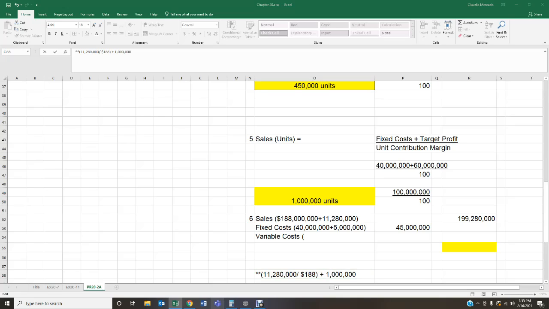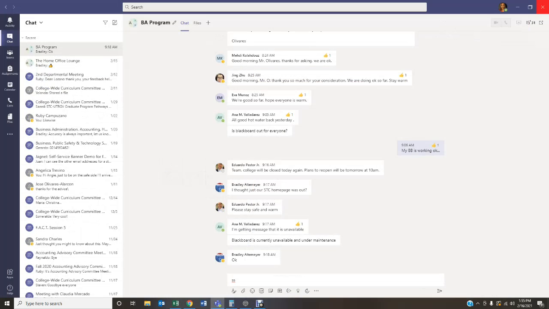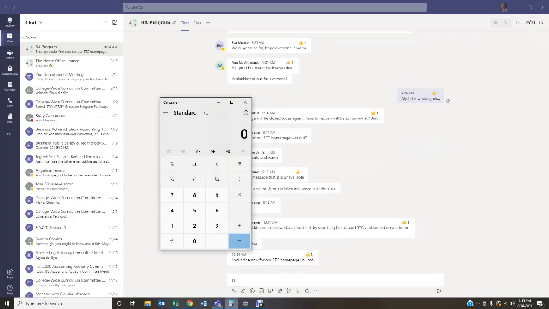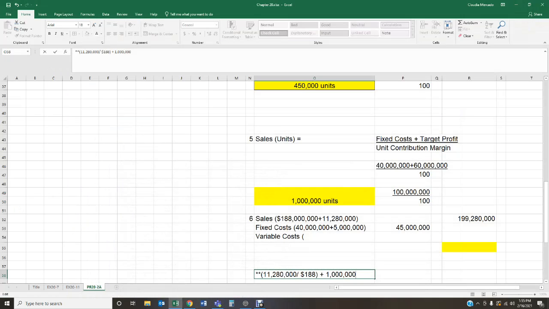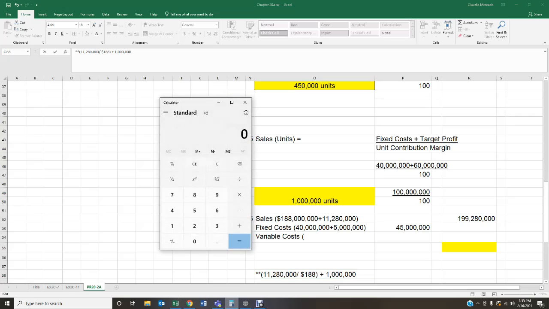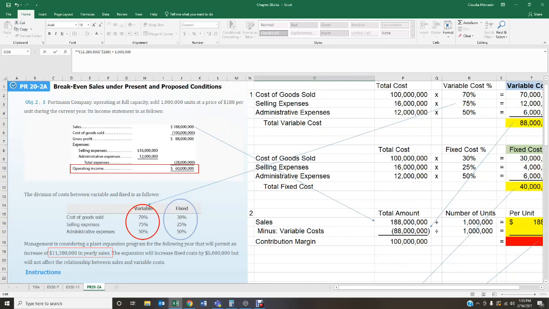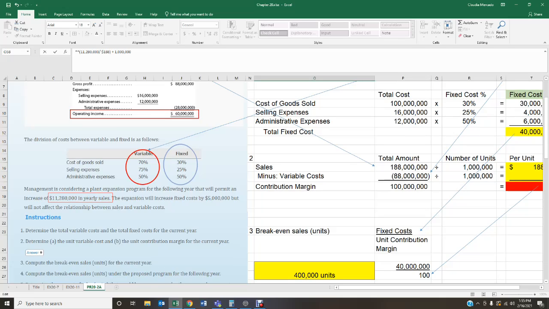And let's see what we get. Where's my calculator? Here we go. The 11,280,000, that is what management is considering as part of the expansion program, and it's going to allow us an increase of that amount in yearly sales.